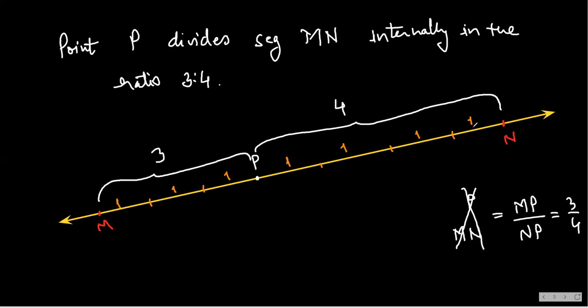Because each one of them is 1. So 1 plus 1 plus 1 plus 1 is 4, and here 1 plus 1 plus 1 is 3. You understand? So this is also one of the concepts. I hope you all have followed it. This is the internal division section formula for 2D, which we have done in school.